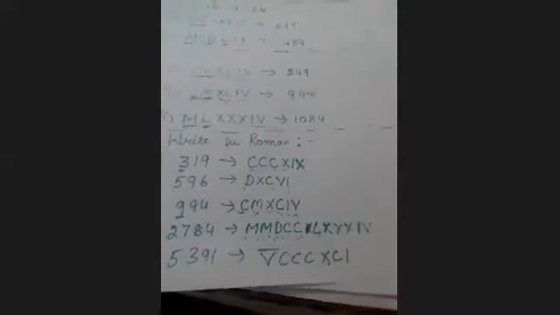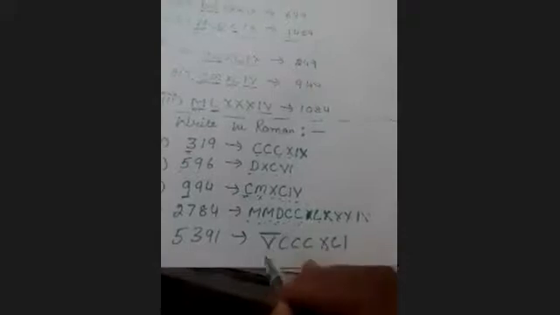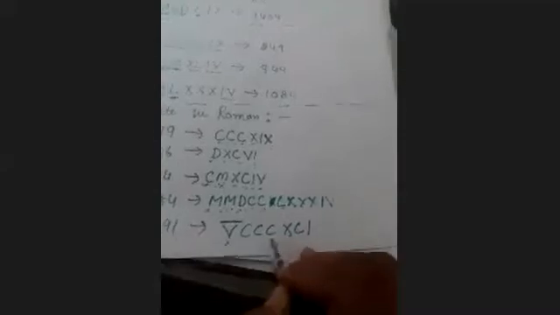Then 300 is CCC, so 5300. Now 90 is XC. Then 1, so 91. So 5391.